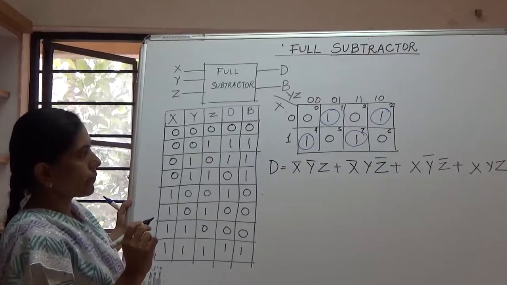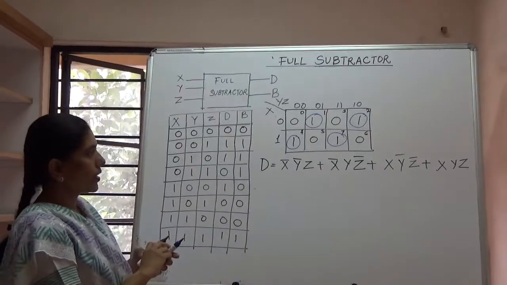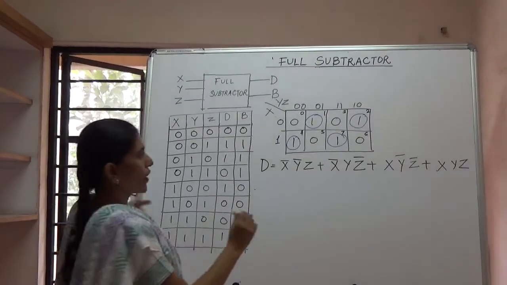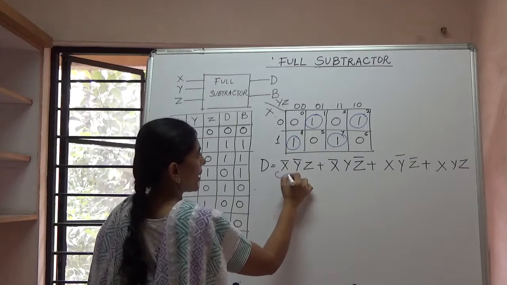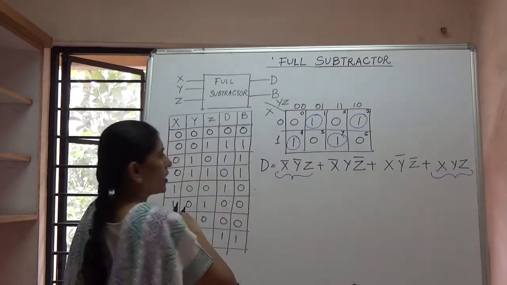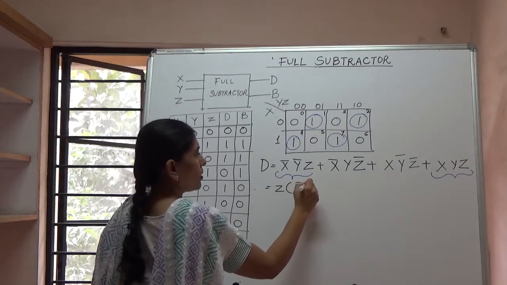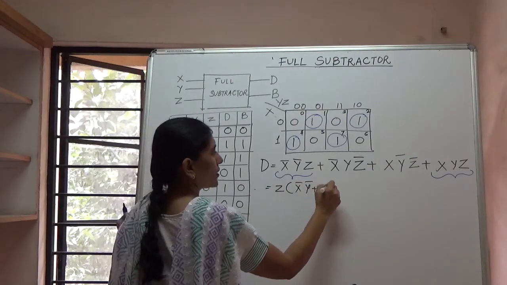Now let us see if we can club some of these terms. If we take z common from this and this term, it is z into bracket x bar y bar plus xy.